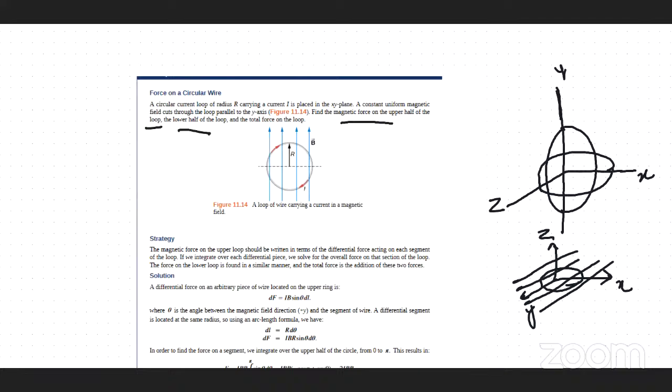Okay. So what you do, first take the upper half. If you take the upper half, let me redraw the diagram here.